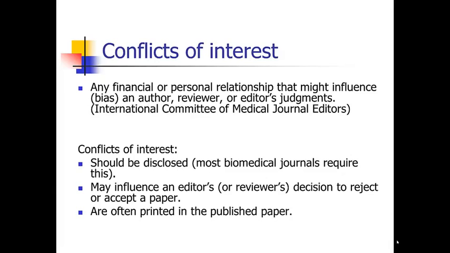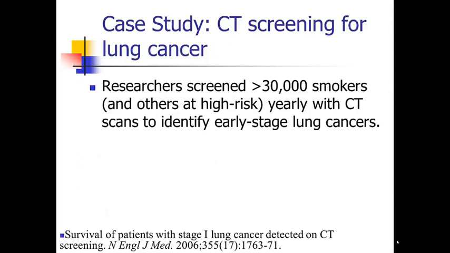Like all authors have a conflict of interest in the sense that they want to get their work published. They have a conflict to want to make the data sound exciting. So there are some conflicts of interest that we really can't write down on a piece of paper. But to the extent possible, the more that's disclosed, the more transparent you are, the better we're able to gauge how much bias might exist in a paper.